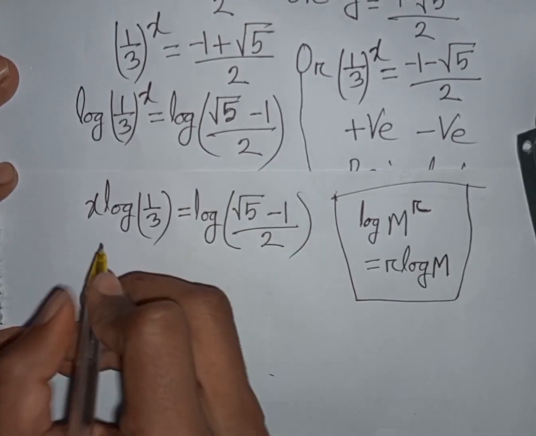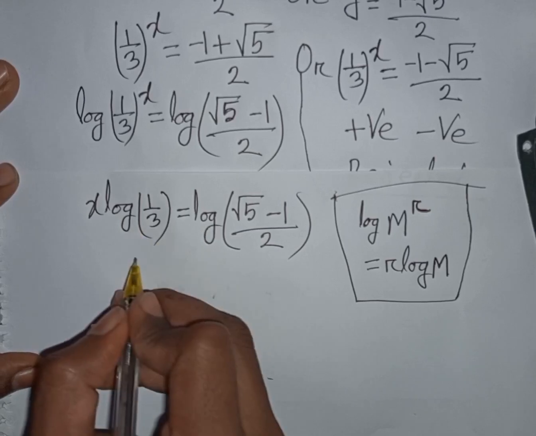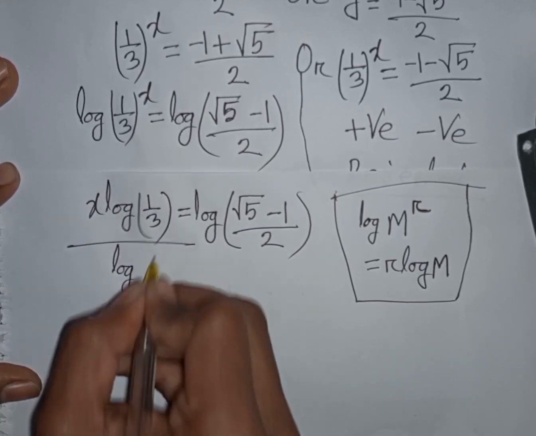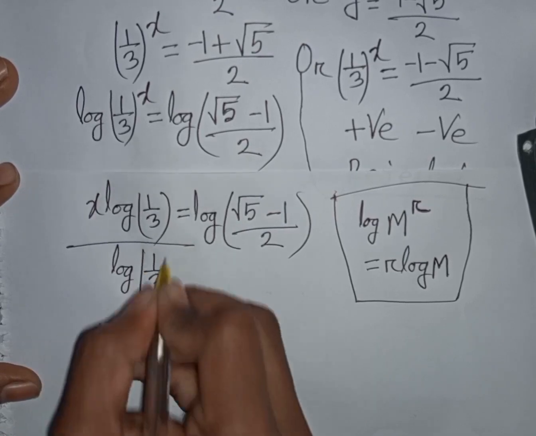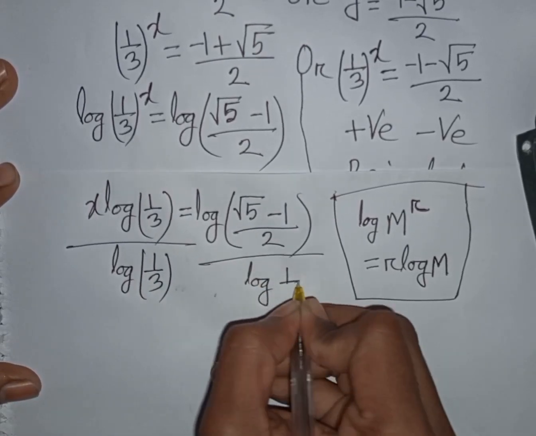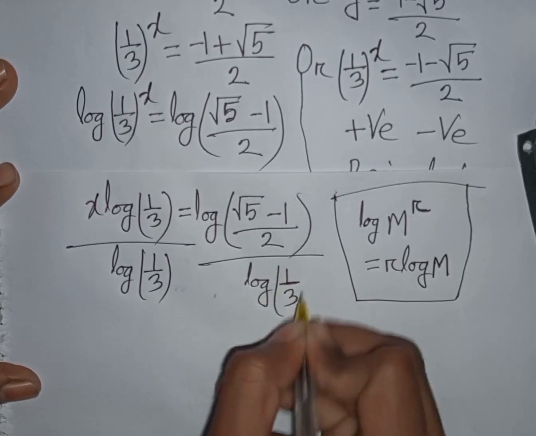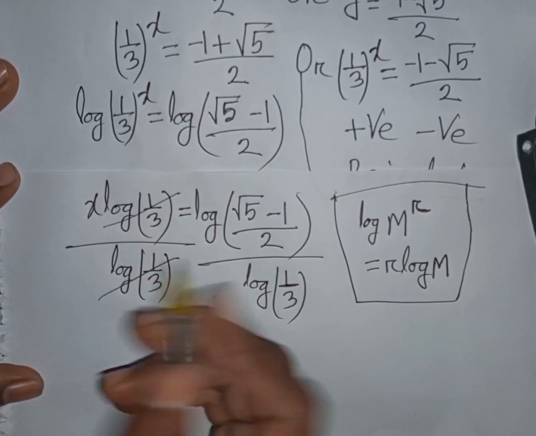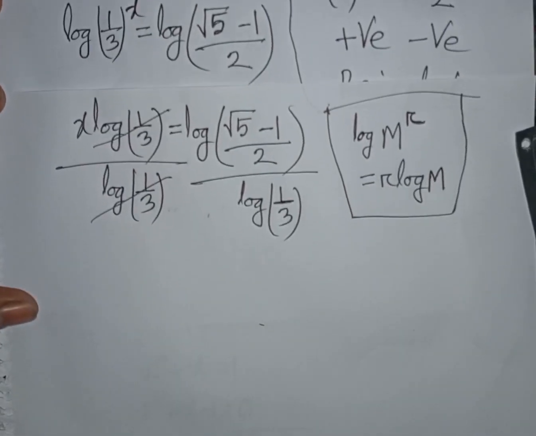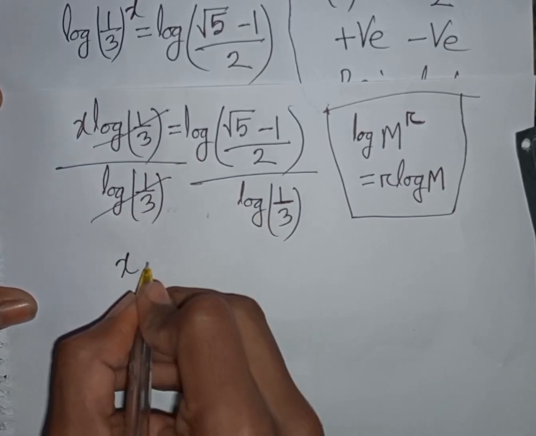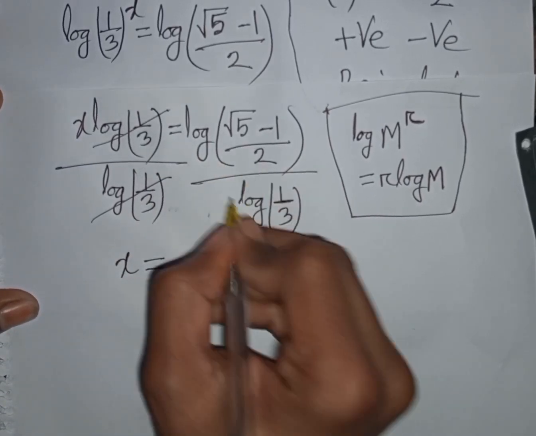Now we need the value of x, so we divide by log of 1/3 on both sides. Now this log of 1/3 and this log of 1/3 will be cancelled. So here x will be equal to this divided by this.